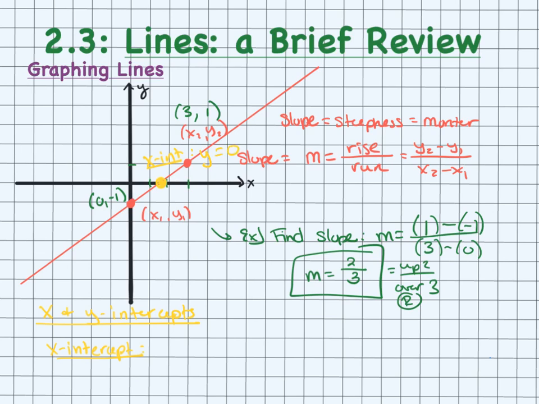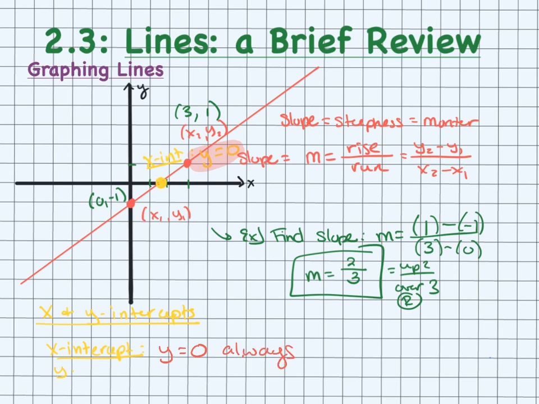Y has to be equal to 0 at the x-intercept. So at the x-intercept, we have to have y is equal to 0, always.